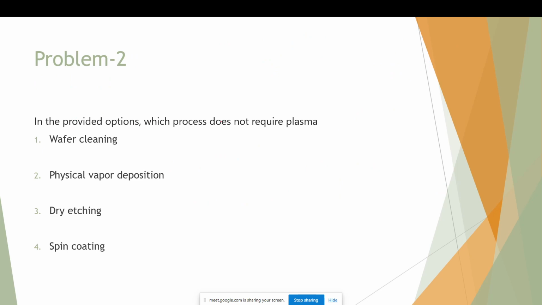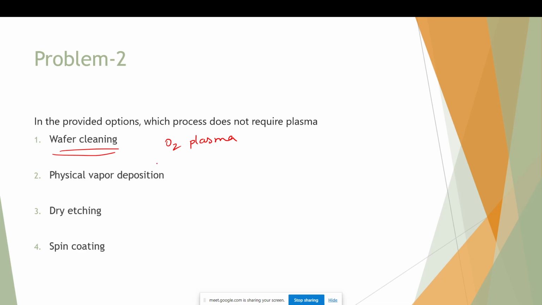In the provided options, which process does not require plasma? Okay, so wafer cleaning can be done with plasma or without plasma. So technically it does not require plasma, but we can do it with plasma. We can have oxygen plasma, and that can bombard our wafer, and that will essentially oxidize all the impurities on the wafer, and we'll get a cleaner wafer.